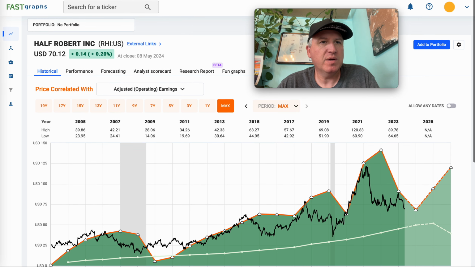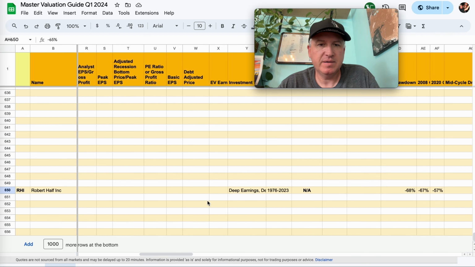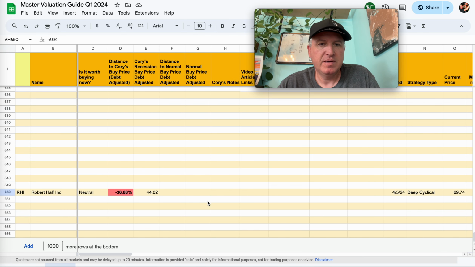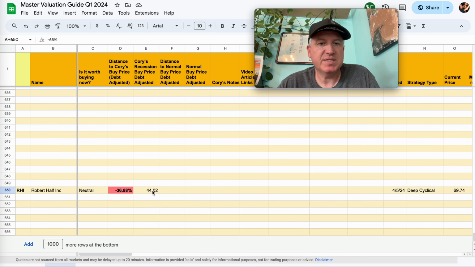Okay, so what are we at for a buy price here? I'm aiming for 65% off the highs, which puts the current buy price at about $44. And so the stock still needs to fall about another 37% for me to consider buying it. That's where I'm at on here.